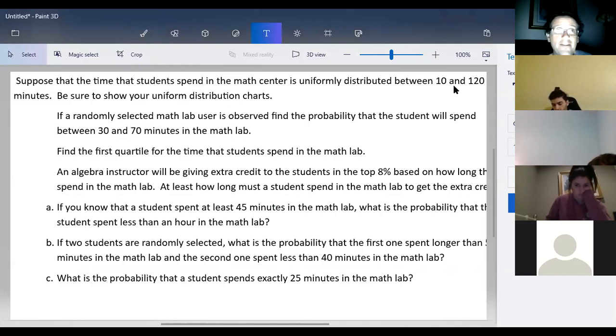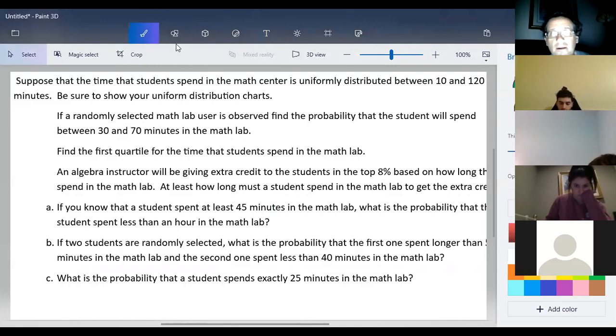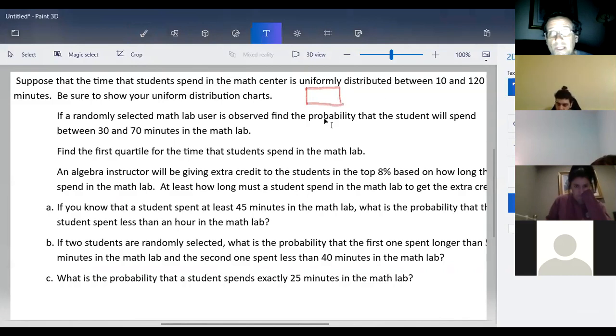So I am going to, as you might guess, draw a rectangle, which I'll do my best on. All right, so that's supposed to be a rectangle. Then what I do is I'm going to label this bottom part to be 10.